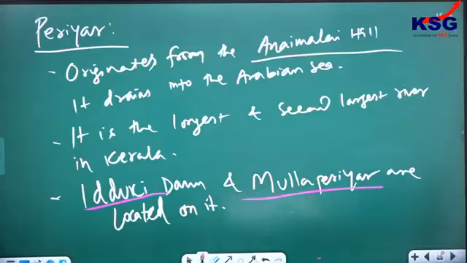I'll now move on toward the east flowing rivers. These are rivers which are flowing toward the east of India. The first east flowing river I said, the first one is Subarnarekha, I told you.